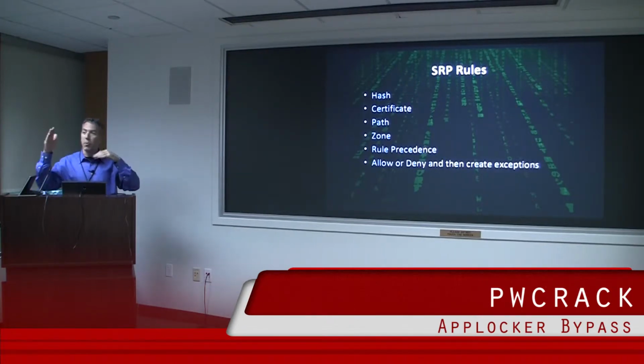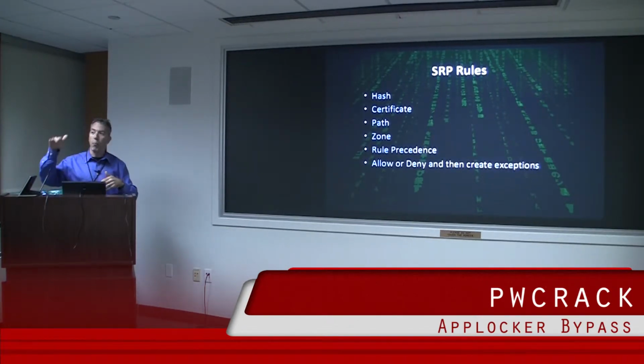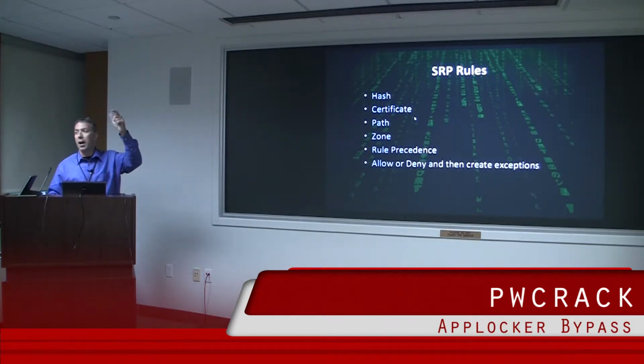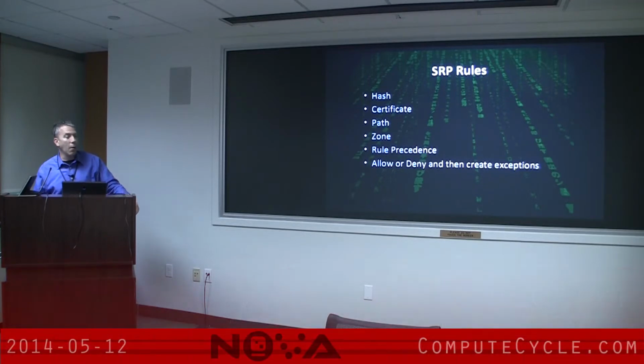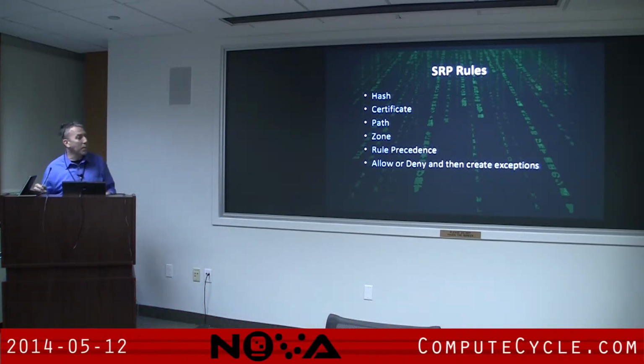So you'd set up those rule precedents, and depending on where the rule is in the chain or the tree will depend on whether or not it gets executed. Obviously if I allow everything and then deny something, allow everything is going to play, so you have to switch them around to deny this first, then allow everything else. And once you allow and deny, then you can create exceptions and so on. You do all of this in group policy.